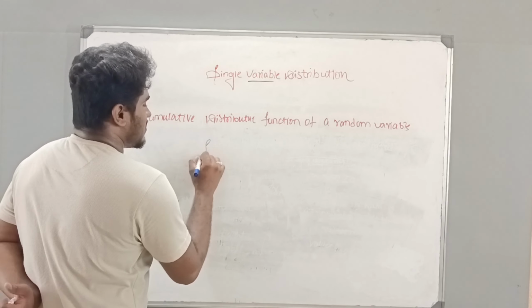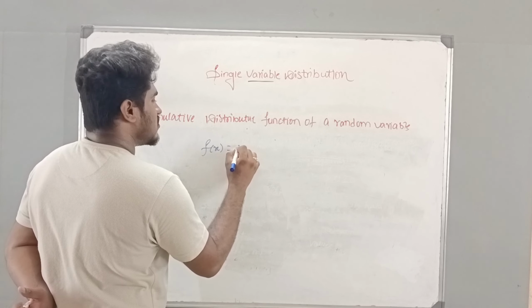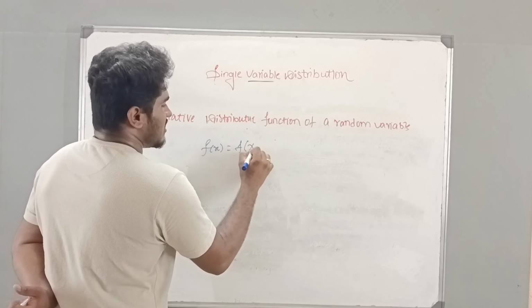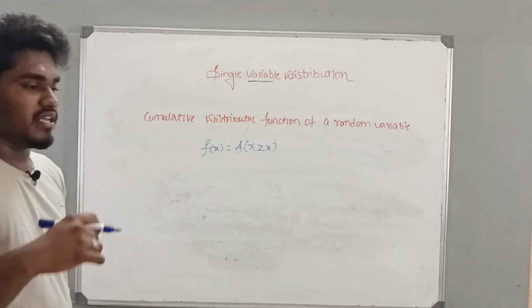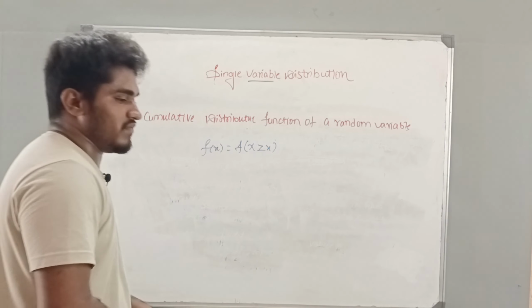It is f of x equals p of capital X less than or equal to small x. This is the cumulative distribution function of a discrete random variable.